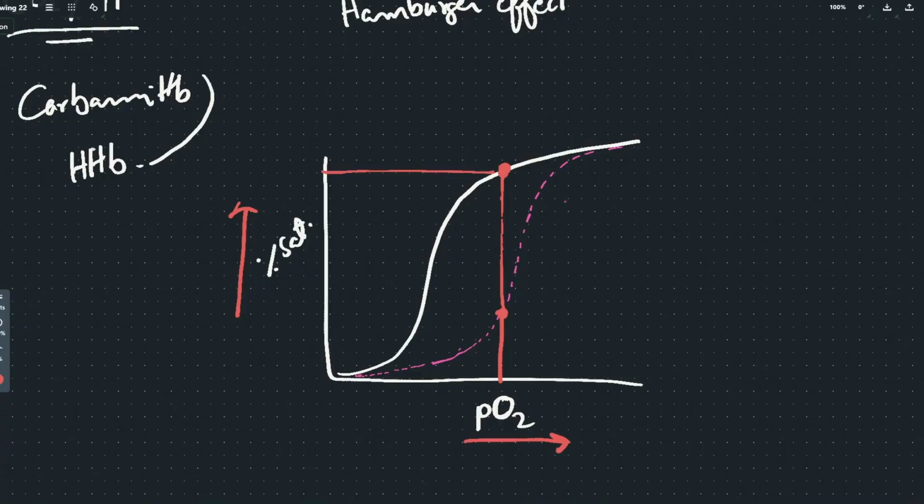So if the curve is shifted towards the right, it means that for the same partial pressure of oxygen, for the same oxygen available, there will be decreased saturation. If the curve is shifted towards the right, there will be decreased percent saturation for the same PO2.